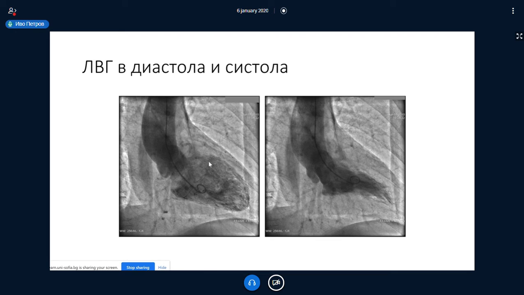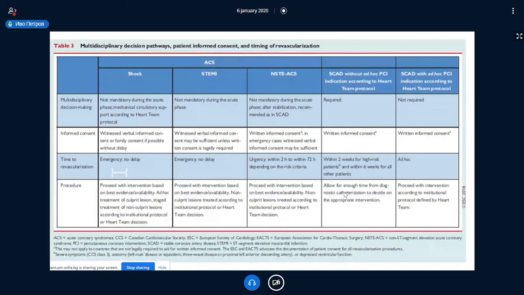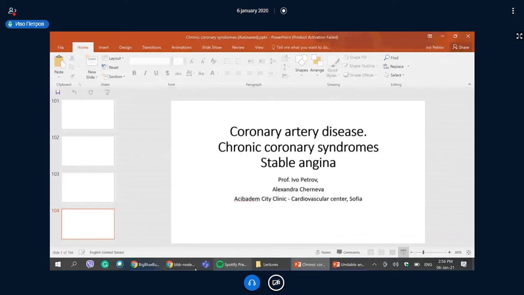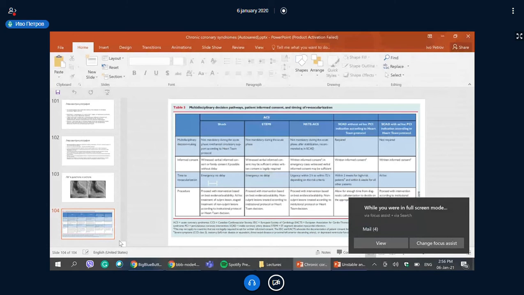You see here diastole and systole of the heart during the left ventriculography, showing excellent left ventricular function in this particular situation, with a very good left ventricle. So the so-called multidisciplinary decision making is very important in order to have the best decision for the best patient.